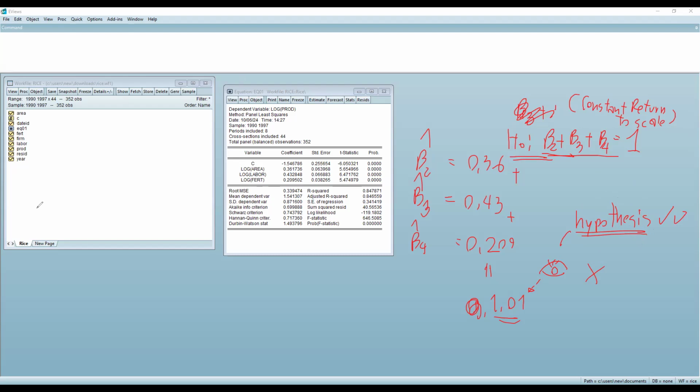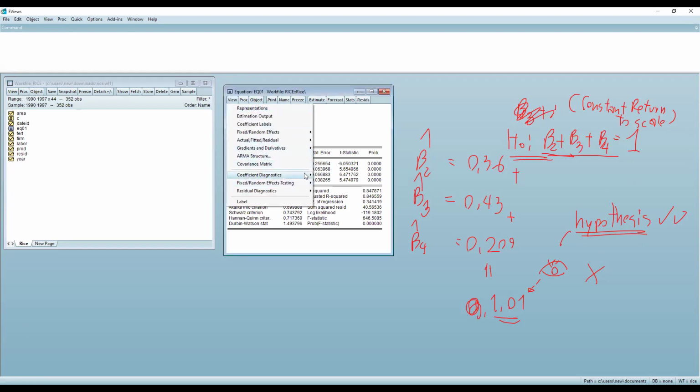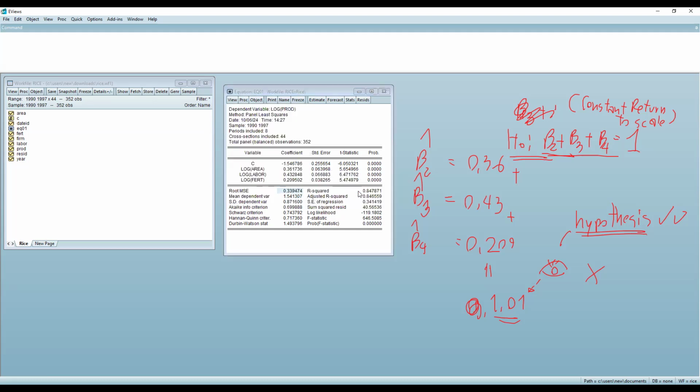Yes. Then to do that in the program, you click View, Coefficient Diagnostics, Wald test. Okay, and then you type beta 2 plus beta 3 plus beta 4 equal 1.